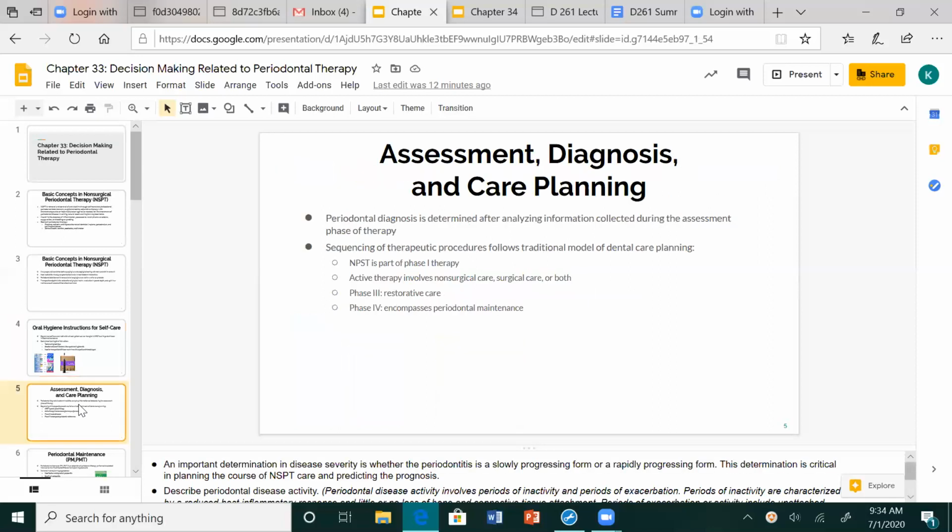Okay, so assessment, diagnosis, and care planning. So we know that NSPT is part of phase 1 therapy, okay? So active therapy involves non-surgical care, surgical care, or both. So typically we're always going to start with the phase 1 therapy, because we want to have a healthy foundation before they're doing any kind of restorative care.